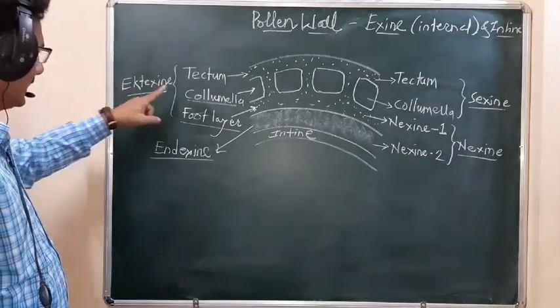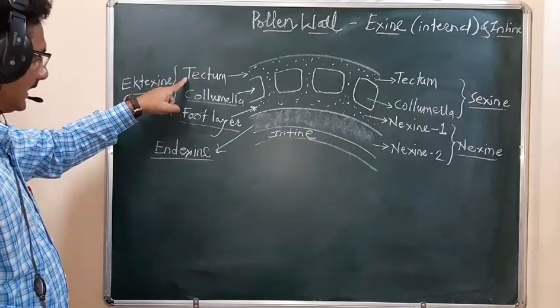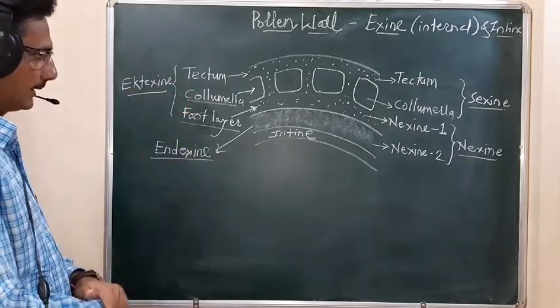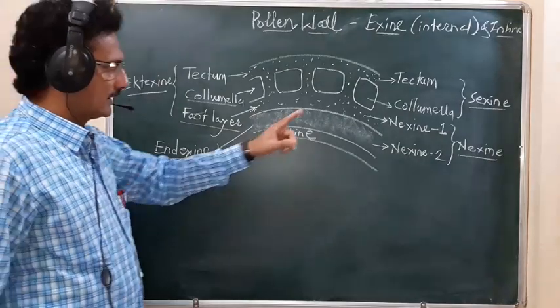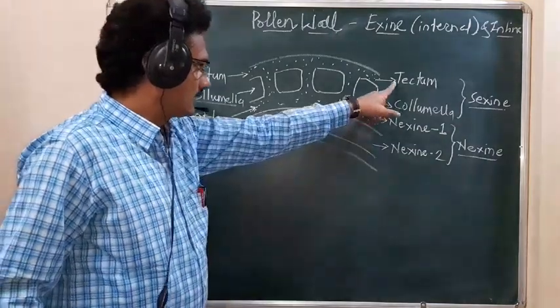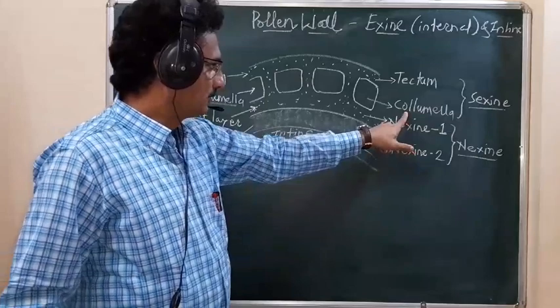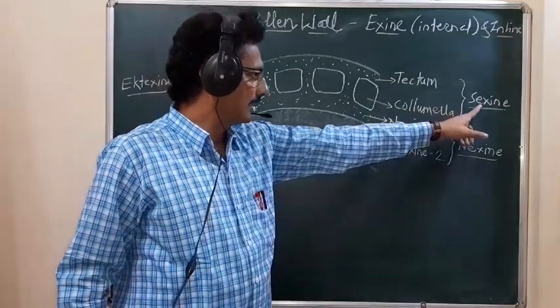The outer ectexine has three regions: tectum, columella, and foot layer. Together, the tectum and columella are called the sexine.